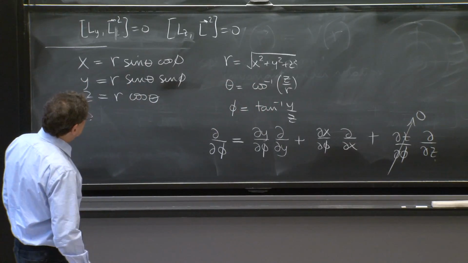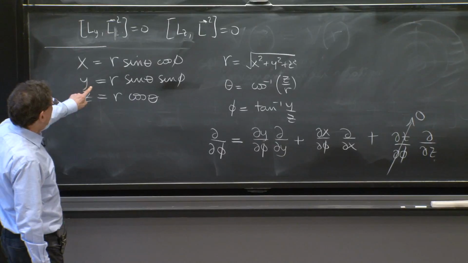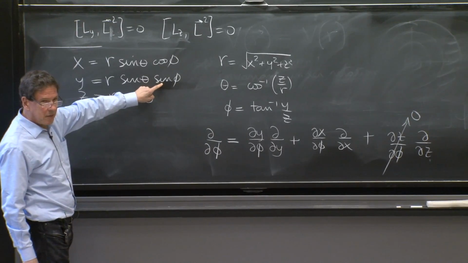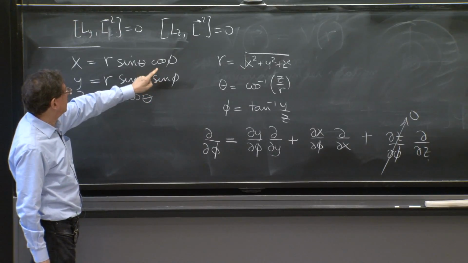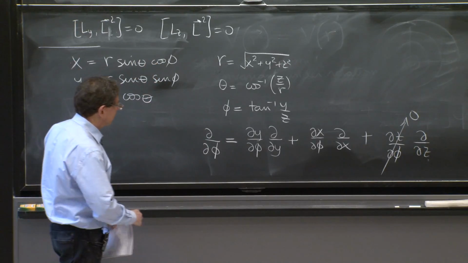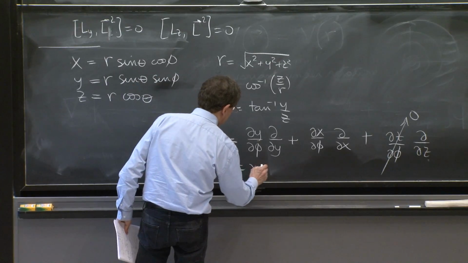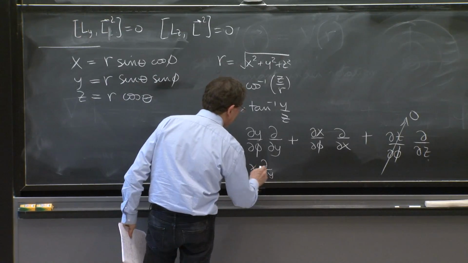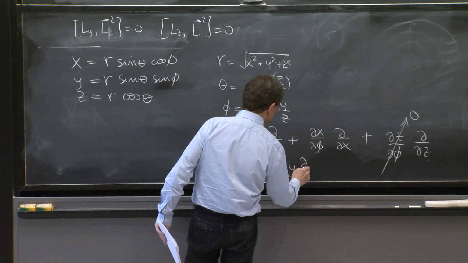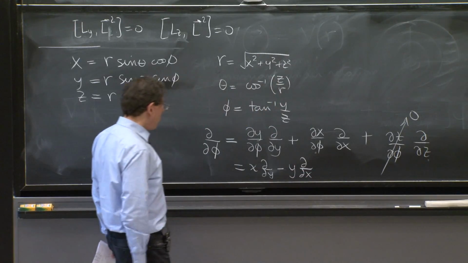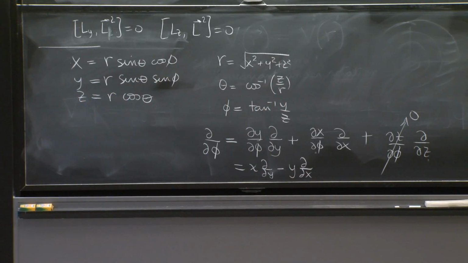On the other hand, dy/dphi is what? dy/dphi, this becomes a cos phi, it's x. x d/dy. And the dx/dphi is minus y. And you say, wow, x d/dy is like x py minus y px. That's the z component of angular momentum.